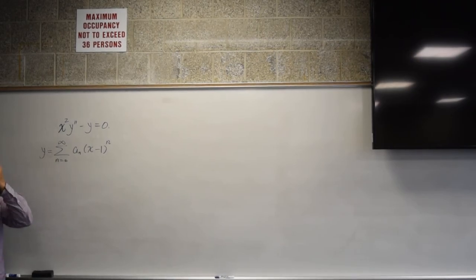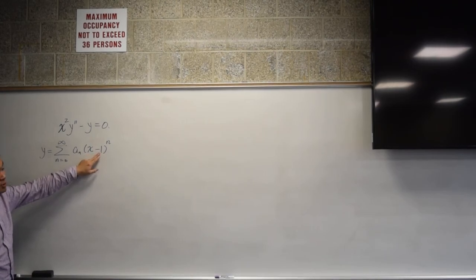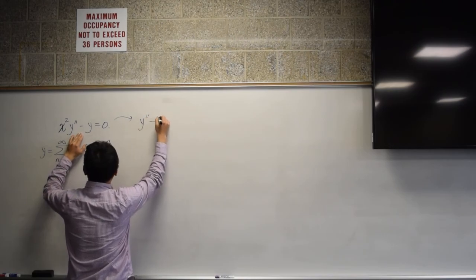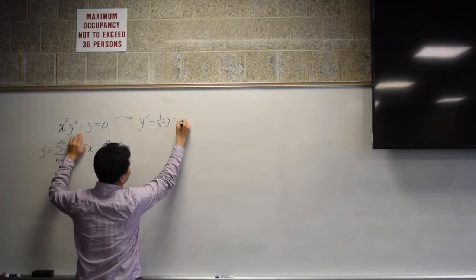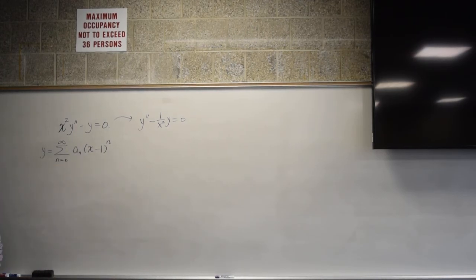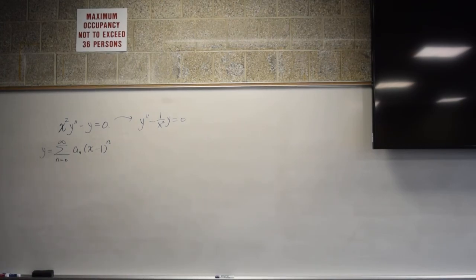The correct terminology is that 1 is an ordinary point, because if you divide by x squared, you get y double prime minus 1 over x squared y equals 0. This coefficient function is well defined and continuous at x equals 1, so it's an ordinary point, and we know that such a power series solution does exist at x equals 1.